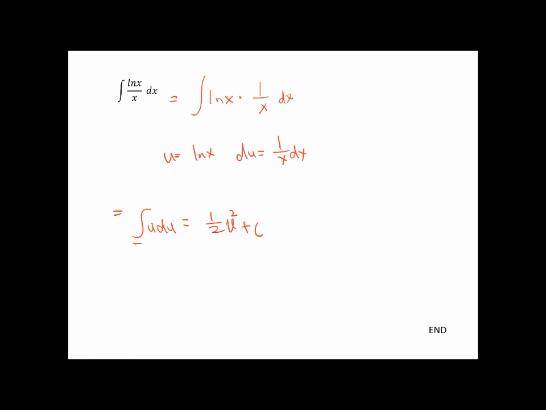As long as I'm getting rid of this integral sign, I have to add plus c. Don't forget this. So 1/2 ln x squared, right? Plus c.